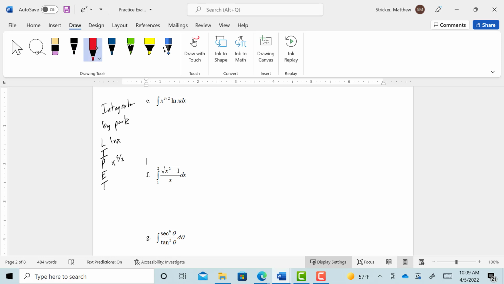So we want to let u equal the natural log of x. That's the first one. And then we want to let dv equal x to the 3 halves. So when we take the derivative, du equals 1 over x dx. And then we take the antiderivative, we add 1 to the power, that becomes x to the 5 halves, and divide by 5 halves, or multiply by 2/5.